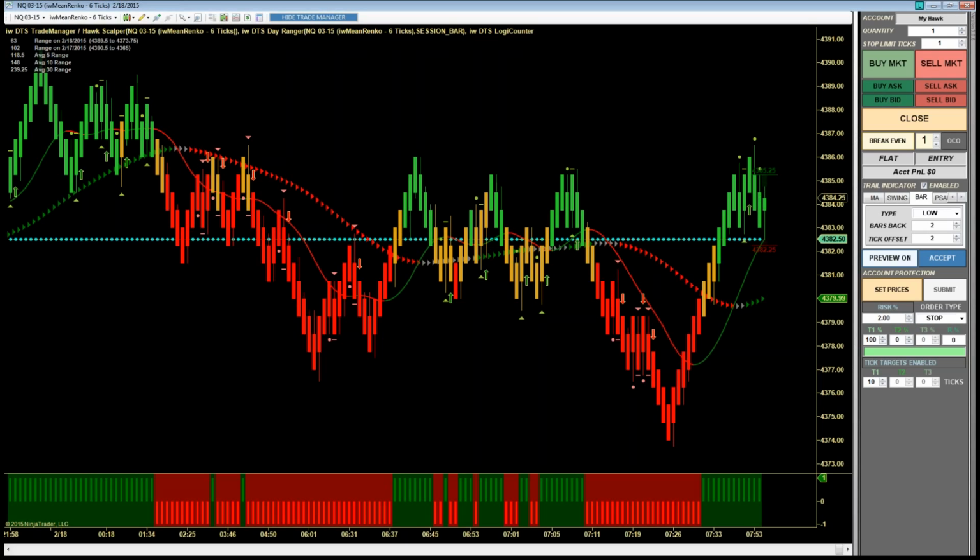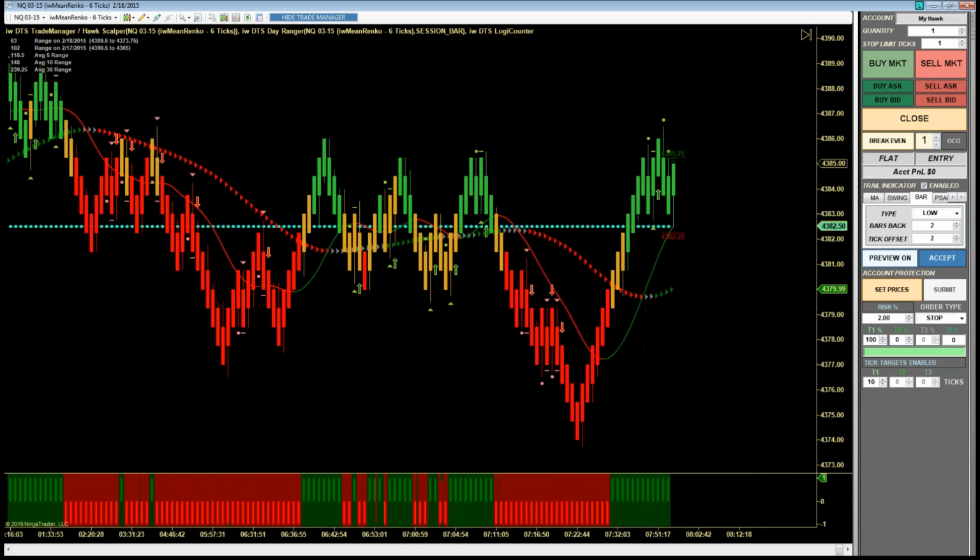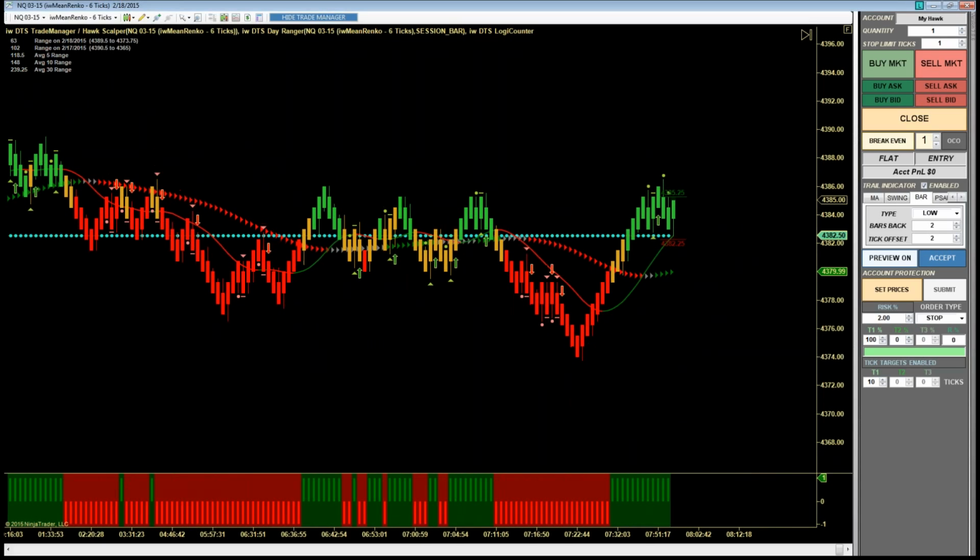And what it does, I know it's flat right now, but if we tick a little bit higher here, you're going to see it follow it up. It will actually get you out at the first sign of weakness. It's one of the most aggressive stop strategies that we have.